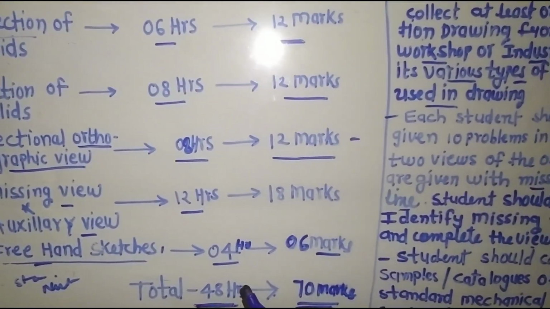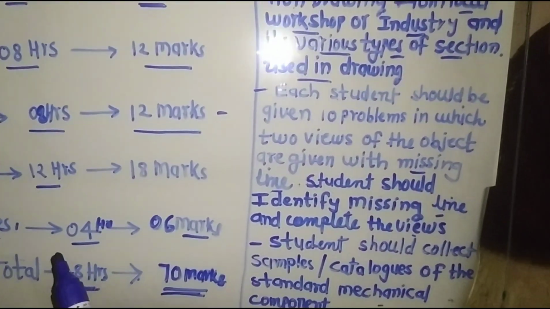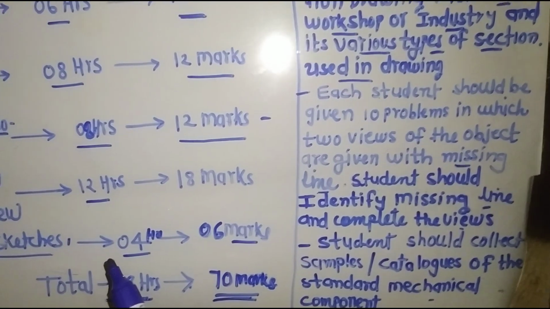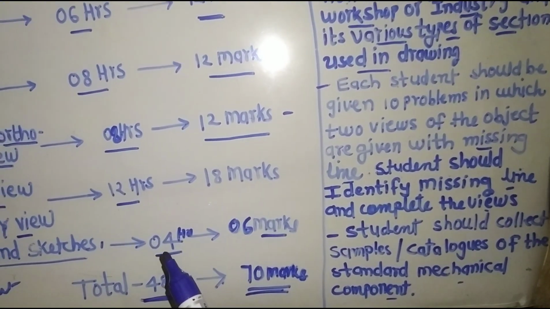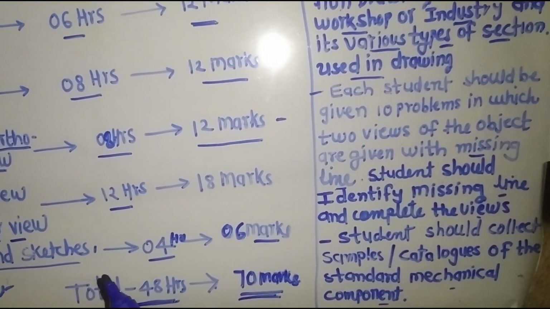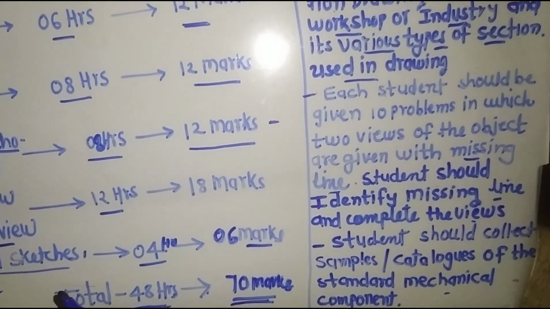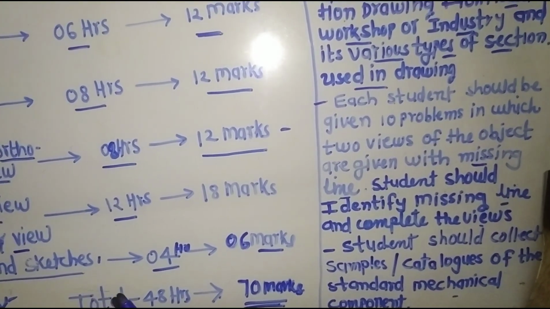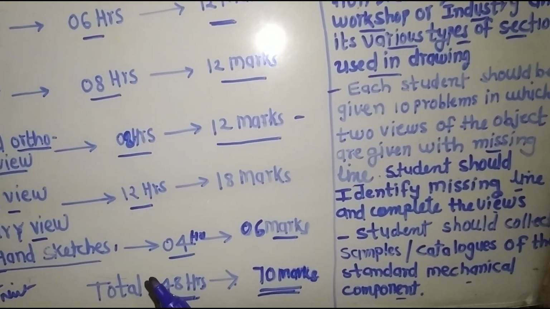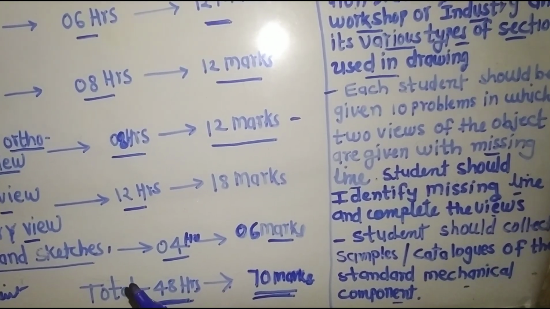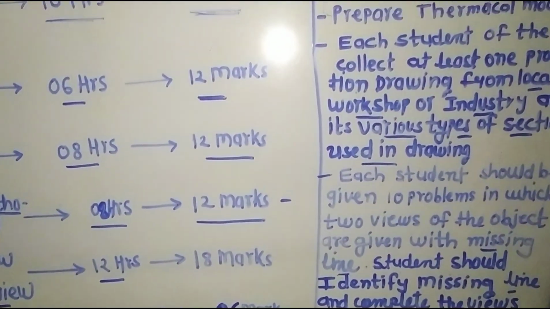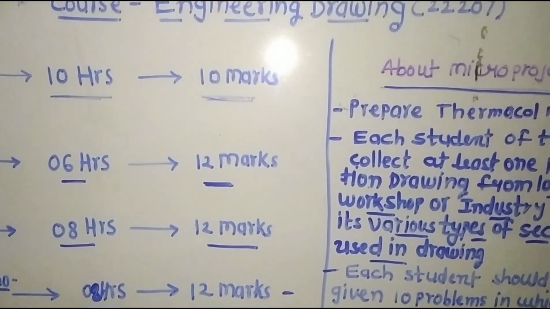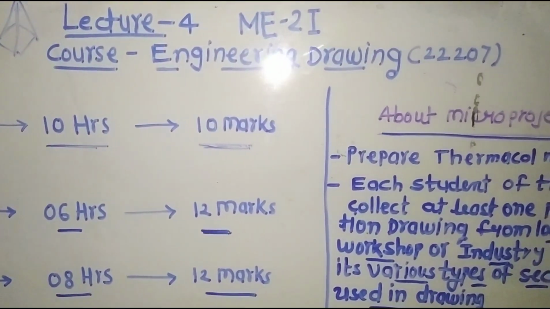Those are the standard parts that you have to collect from the shops that are available in the market, or you should collect the catalogs, dimensions, types and specifications. This is about the micro project.